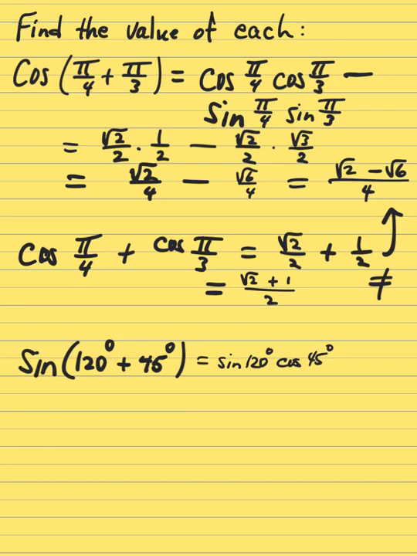You don't alternate the sign in the expansion with sine, you just keep it the same. So that's plus, and then we have cosine of the first angle times sine of the second angle. Those expansions are different, so be careful.